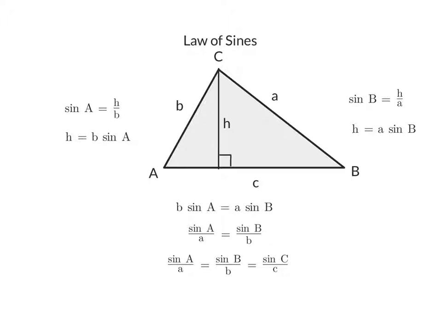Now, this can be very useful because if we have a situation where we have one angle and three sides, we could easily figure out what the other two angles are by means of the law of sines.